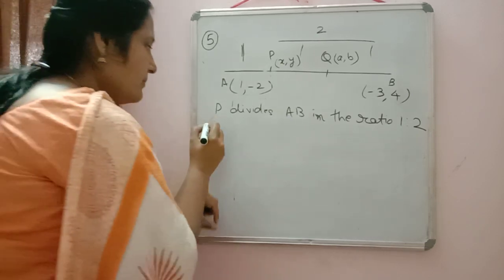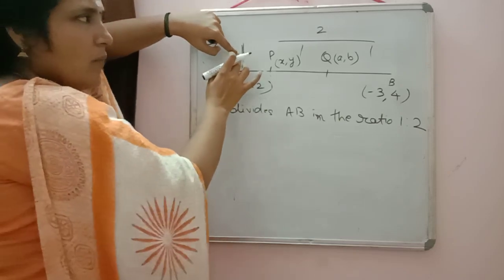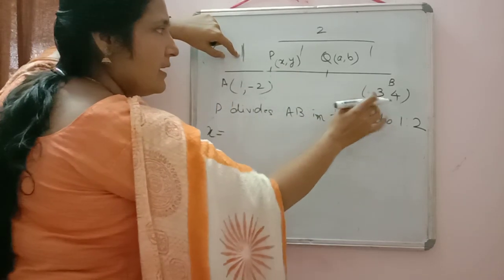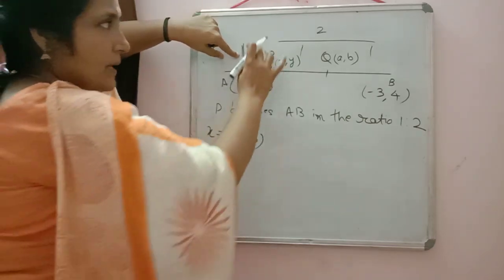Now we will check what will be the x coordinate and y coordinate of P. 1 will be multiplied by -3. 1 into -3. Now PB we have to take.